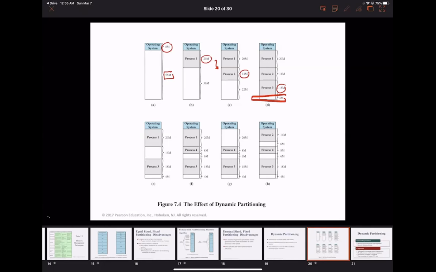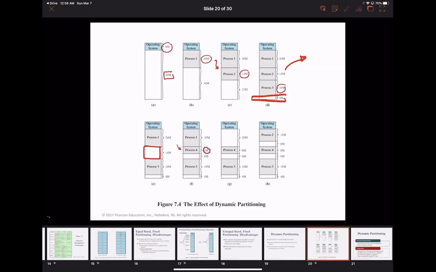So now if you assume that the operating system decided to swap out process 2, that means we have 14 megabytes of free space that was allocated to process 2, and then process 4 arrived that would need another 8 megabytes.